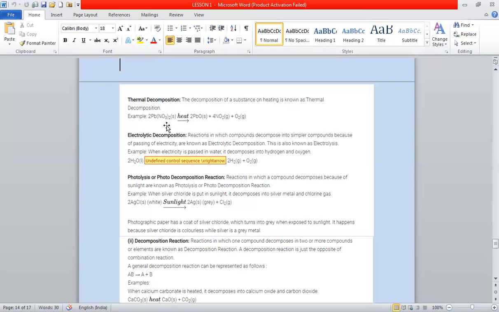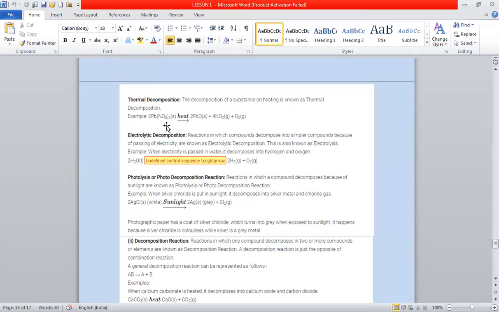As you all know, ferrous sulfate crystals are pale green in color. The formula is FeSO4.7H2O. So, when we take some crystals of ferrous sulfate in a dry boiling test tube and heat it, what happens?